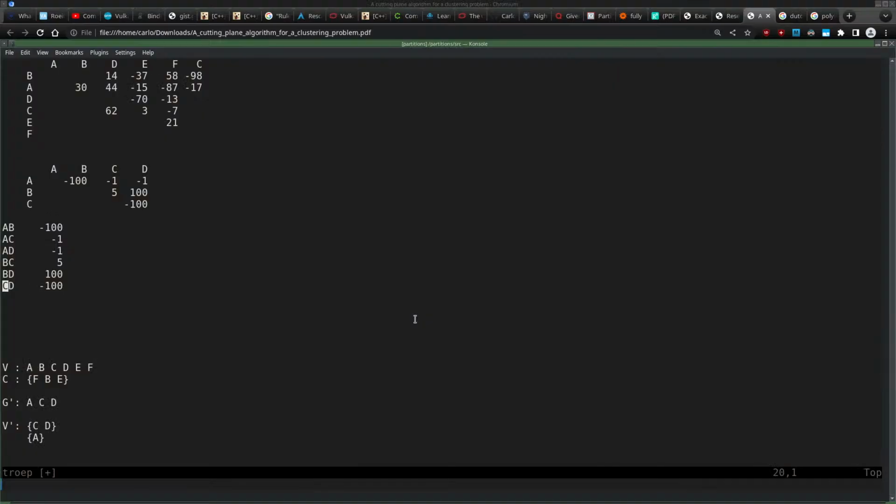Okay, so for example, if we have the group, let's say ACD, so ACD has AC, AD, and CD as edges. Then this is our F, it's a subset of all the edges.